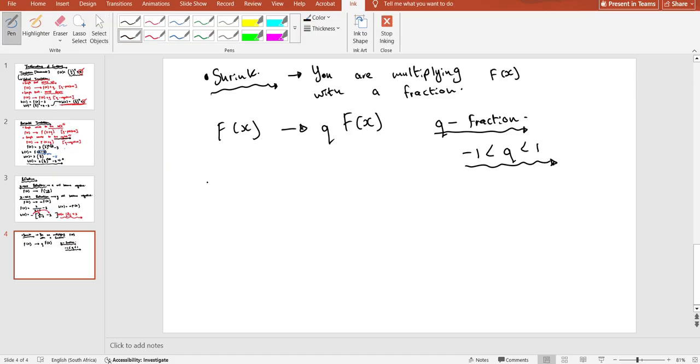All right, so that's a shrink. Then let's talk about a stretch. With a stretch, you're also multiplying f of x, but now you're multiplying with a whole number.